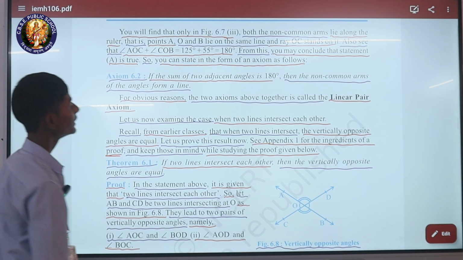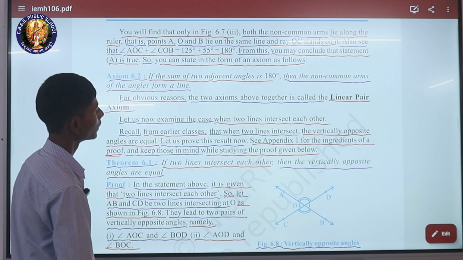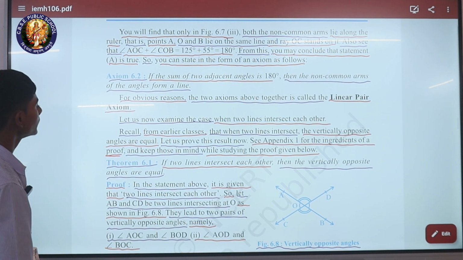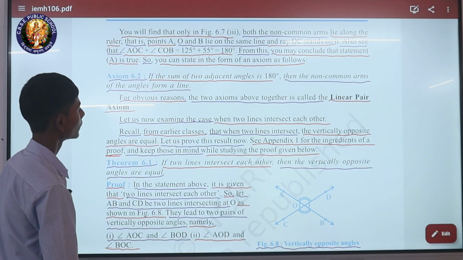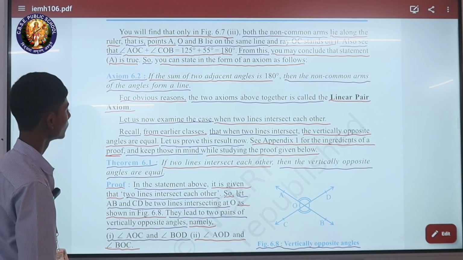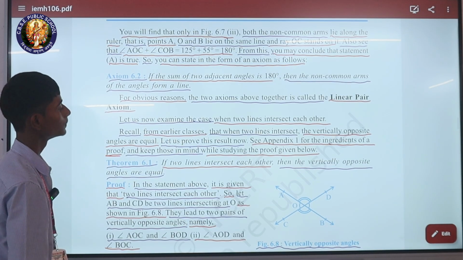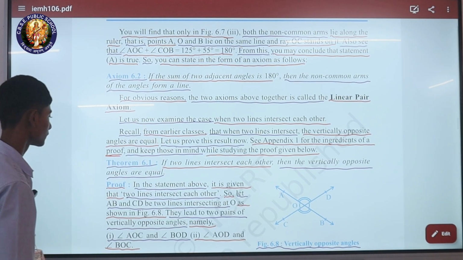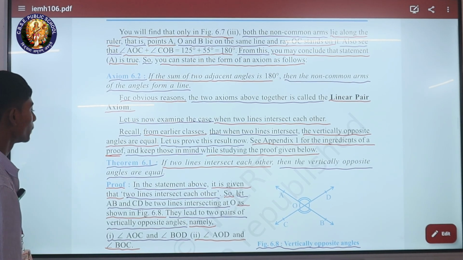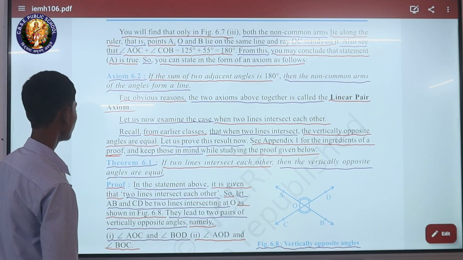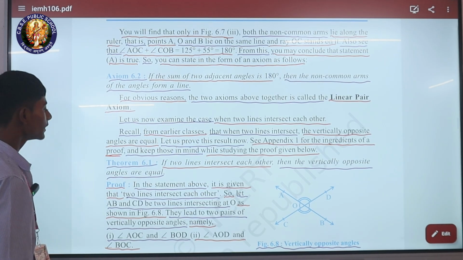Now, see the Appendix first for the ingredients of a proof, and keep those in mind while studying the proof given below. Theorem 6.1: If two lines intersect each other, then the vertically opposite angles are equal. Proof: In the statement above, it is given that two lines intersect each other.